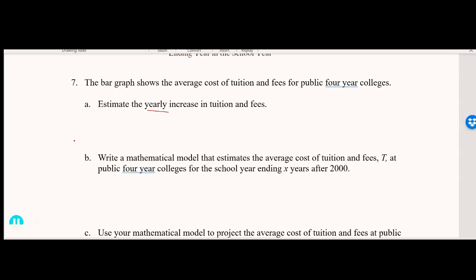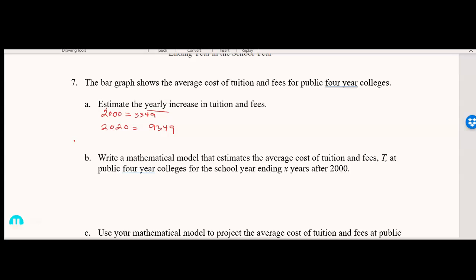We're going to do the same thing we just did in the previous problem. So to find the yearly increase, we had the year 2000, and the number that corresponded to it was 3,349. And then we had the year 2020, and the number that went with that was 9,349. Okay, now we do our math.